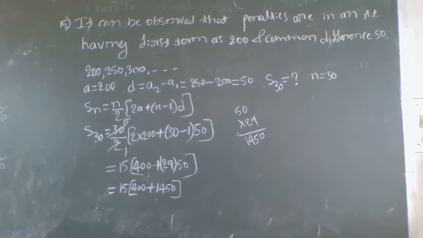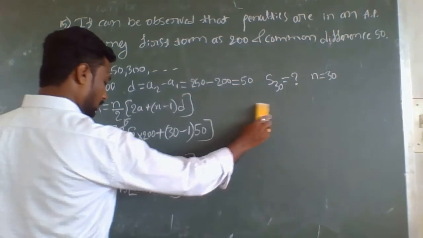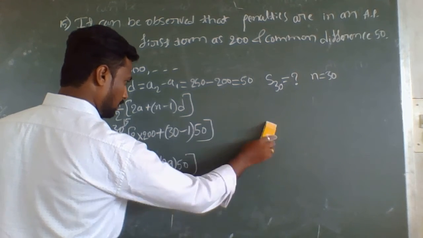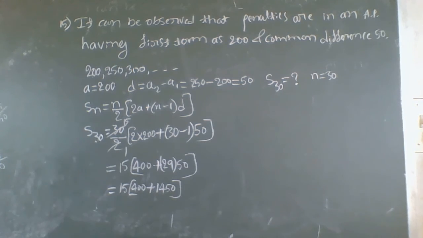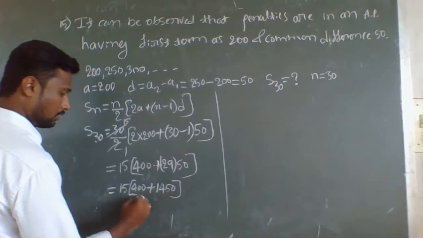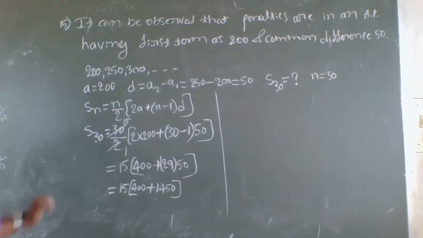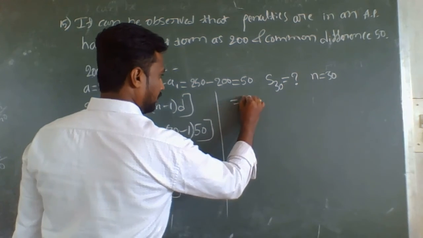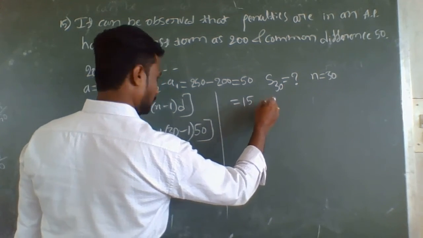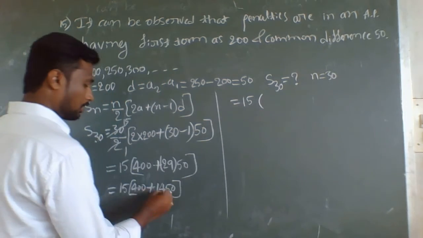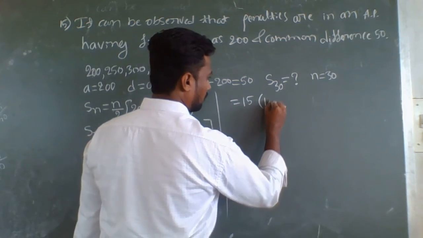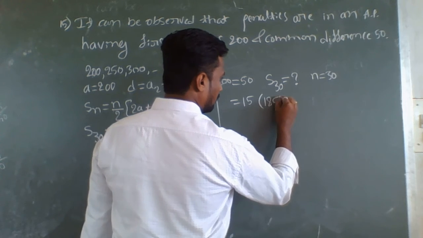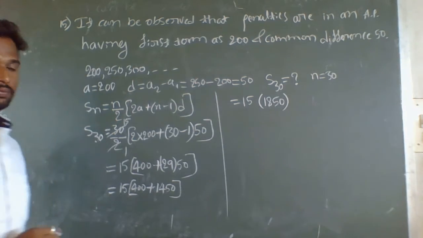So now I have to add 400 and 1450. What is the value we will get when we add these two values? 400 plus 1450 means 1850.